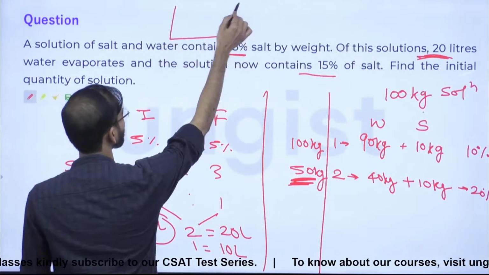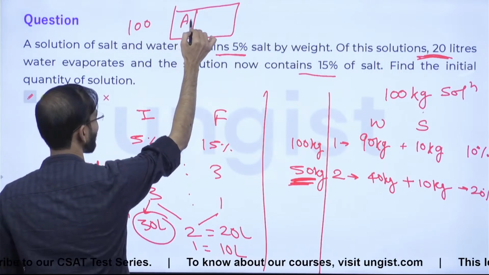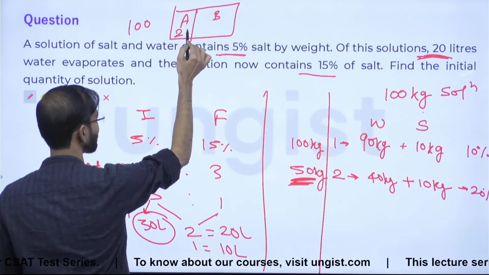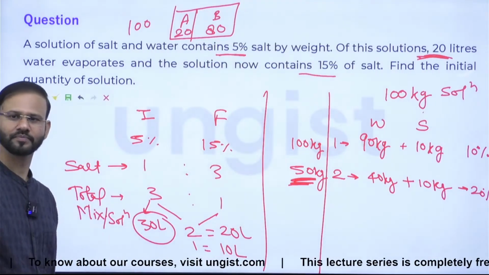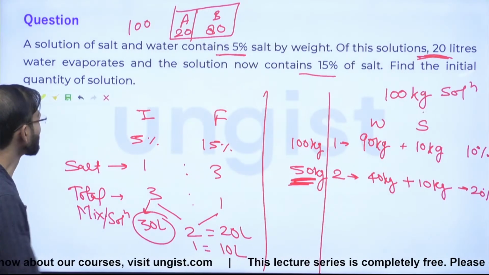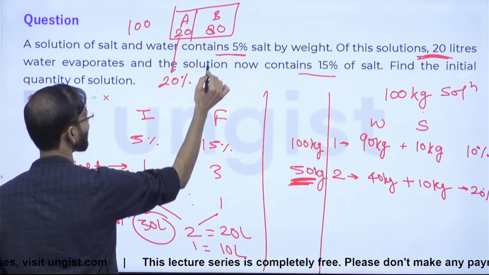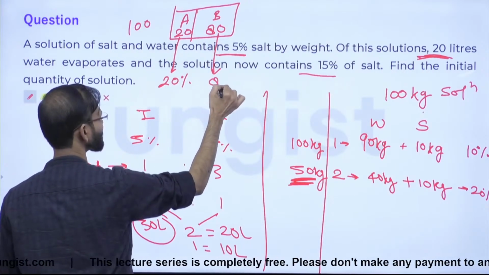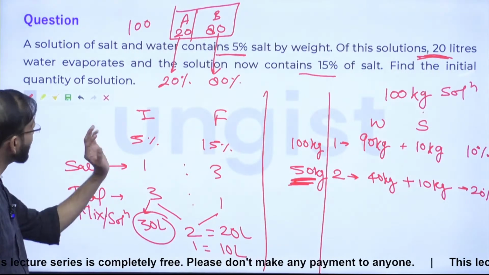Let's say in the total class we have 100 students, section A and section B. In section A we have 20 students, in section B we have 80 students. Correct? So now section A is 20% of the total strength and section B is 80% of the total strength. Fine? Okay.